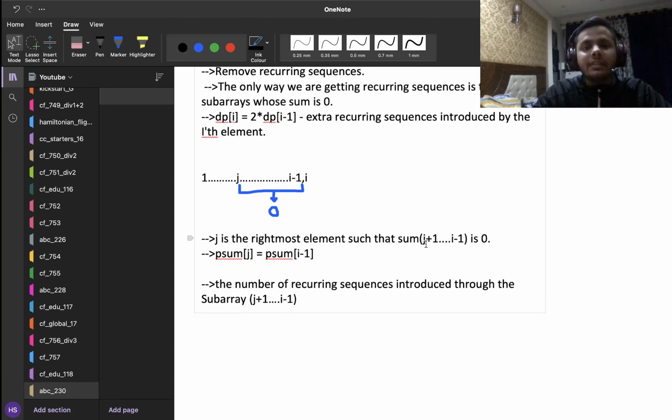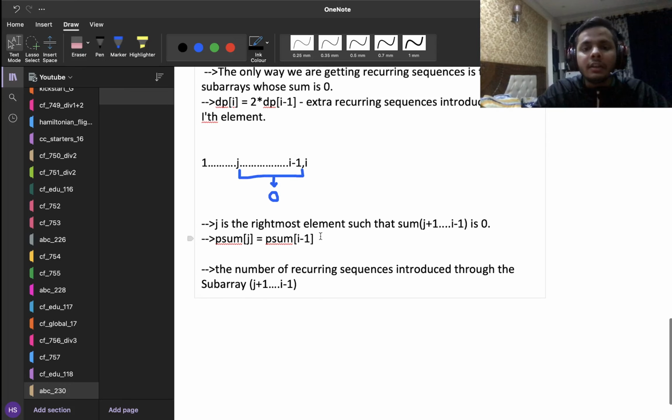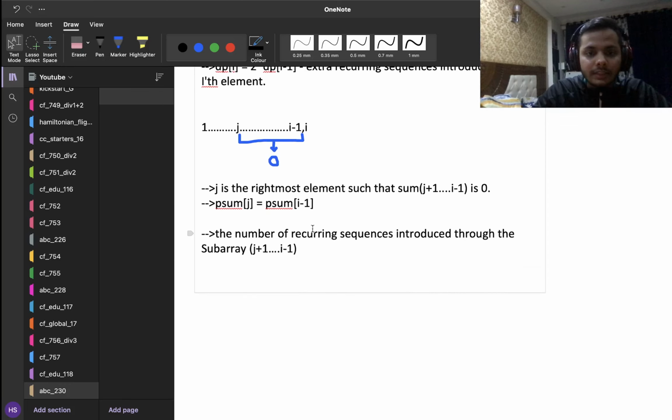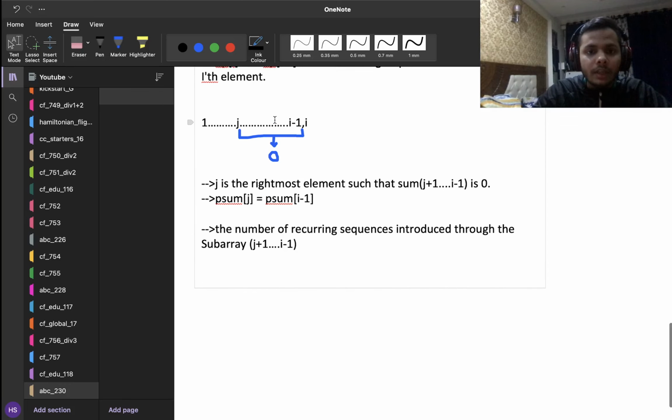And I know that every subarray which has a sum of 0 is introducing some extra sequences which are recurring, and that's because now let's see what's happening. So this particular 0, again, it can be combined with the last element. It has two choices. This 0 has two choices. It can be combined with the last element in the sequence which is being formed through 1 to j, or it can be combined with a of I, right?